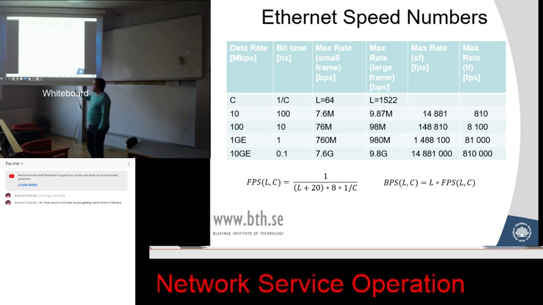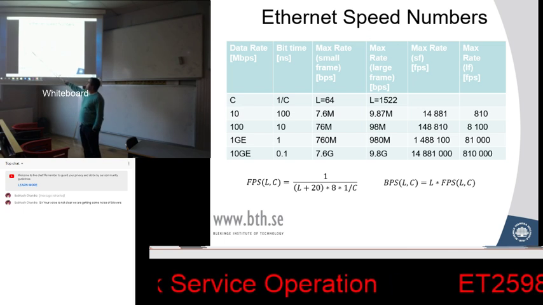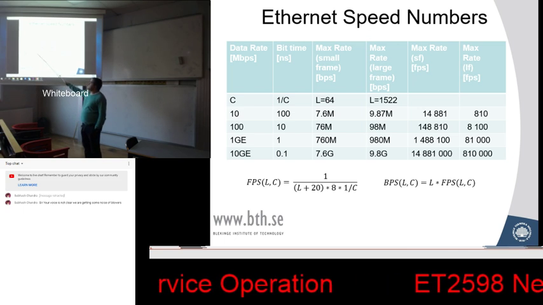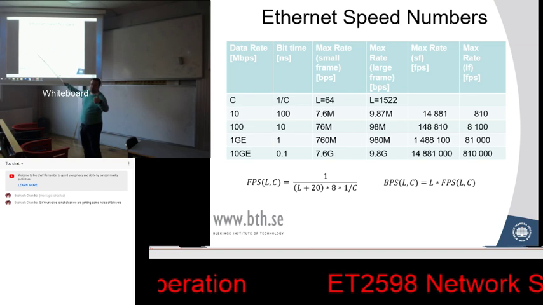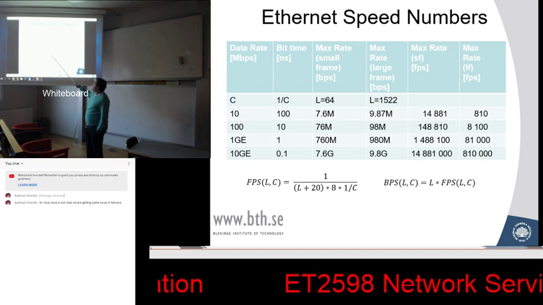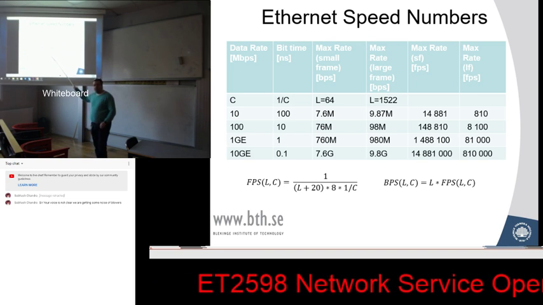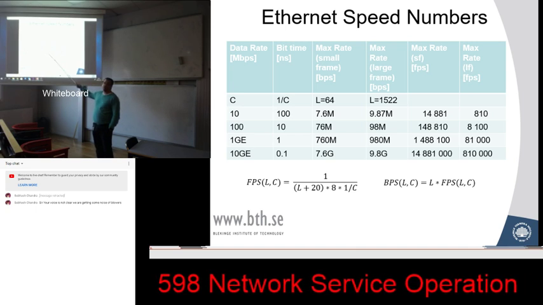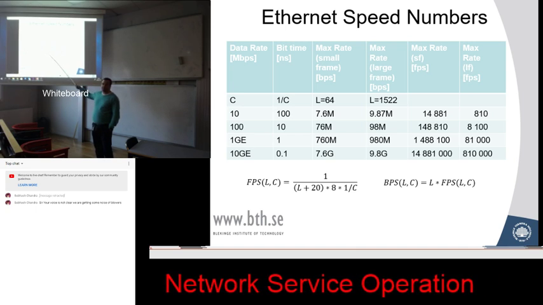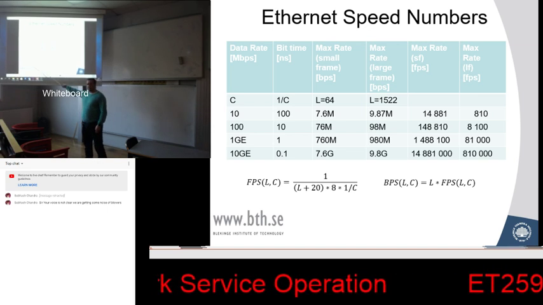Now, I always keep this in my mind. With 1 gigabit Ethernet, it takes us 1 nanosecond to transmit 1 bit. Now, if we send the smallest frame, 46, our maximum transmission rate will be 760 megabits per second. You're thinking, what about it's a gigabit, right?